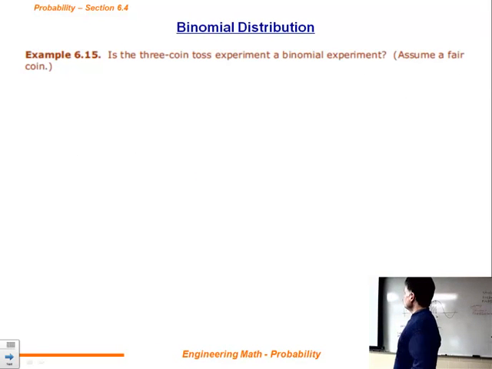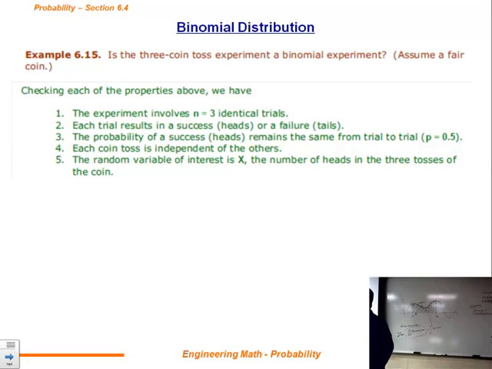Is the 3 coin toss experiment a binomial experiment? It is, assuming you toss the same coin 3 times. If it's a fair coin, then it's still a binomial experiment, but the coin doesn't have to be fair. So, yes, 3 identical trials. Each trial results in success or failure.